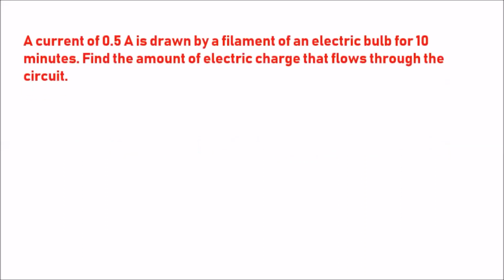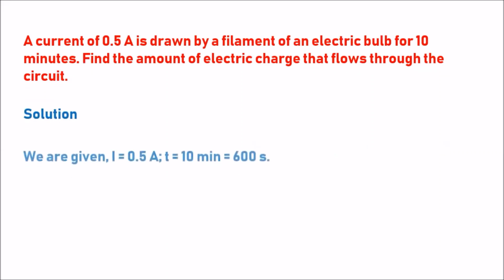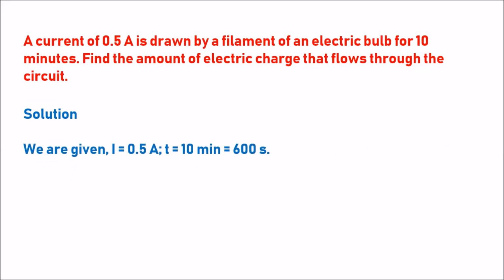Here, let's solve a small numerical problem. A current of 0.5 amps is drawn by a filament of an electric bulb for 10 minutes. Find the amount of electric charge that flows through the circuit. Now, the solution. What is given to us?